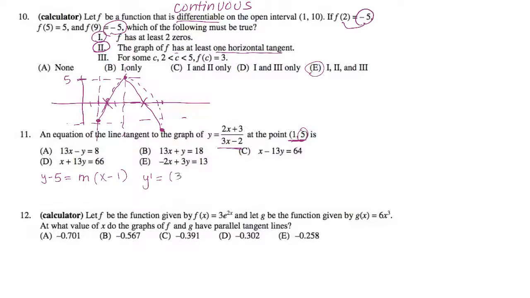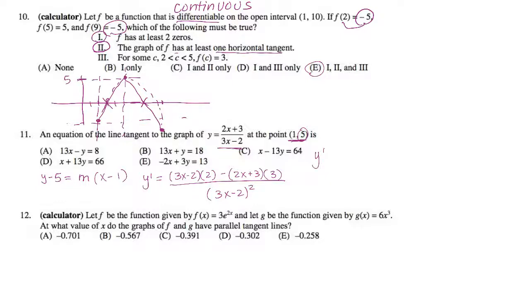So we have the bottom times the derivative of the top minus the top times the derivative of the bottom all over the bottom squared. Now we need to substitute in 1 and solve. And usually plugging in 1 hopefully is a little bit easier than the algebra.